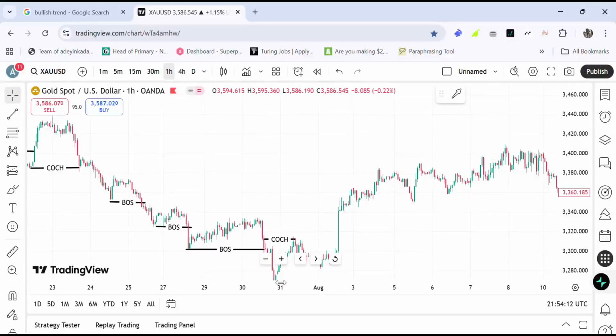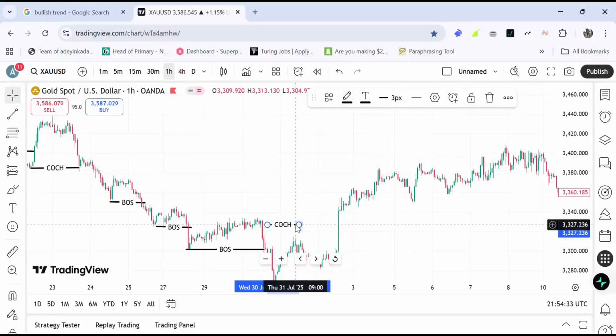And what actually caused the break of structure to the downside is this push over here, right? Okay, well, that means this should be the change of character actually. Yeah, this should actually be where we recognize our change of character because this is what caused the push to the downside, which is the break of structure, right?